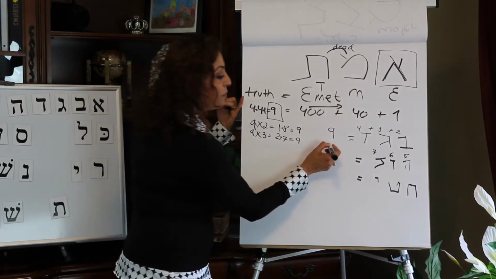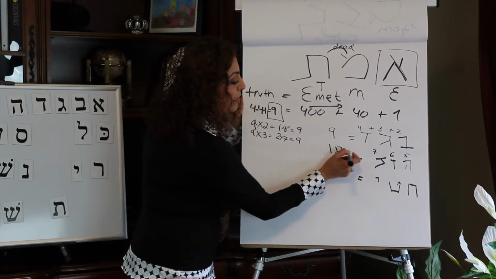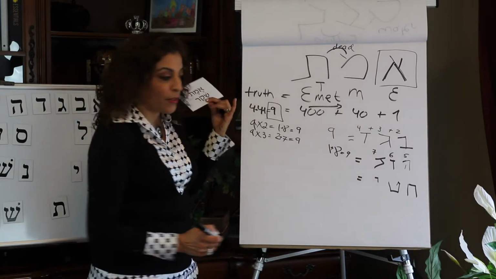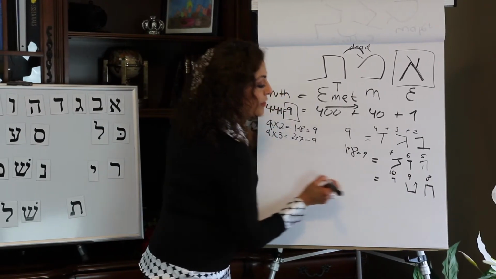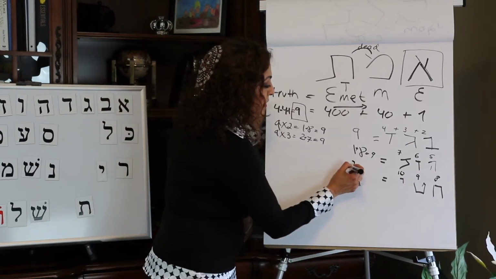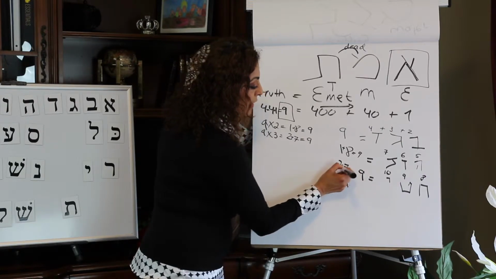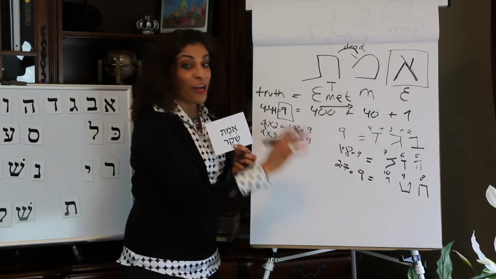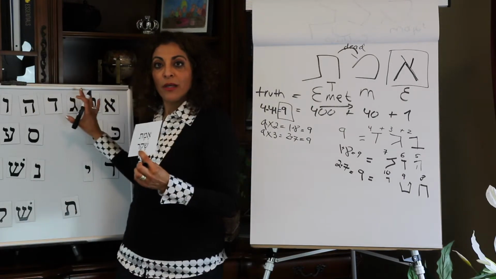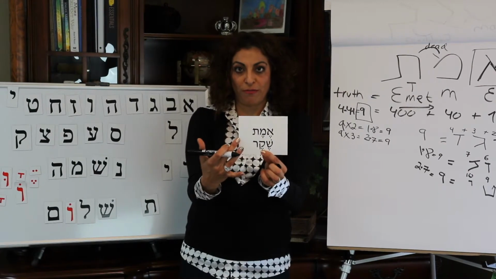What is it equal to? 18. What is that equal to when you add it? 9. Chet, 8, Tet 9, Yud 10. What is it equal to? 27. And if you add those 2 up, you get 9. Does that make sense, what I'm doing? Yeah? Okay. Now, that means the Torah could not be anything else but truth.